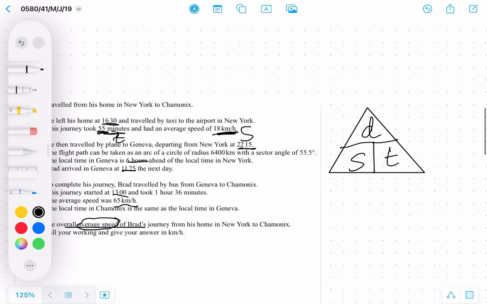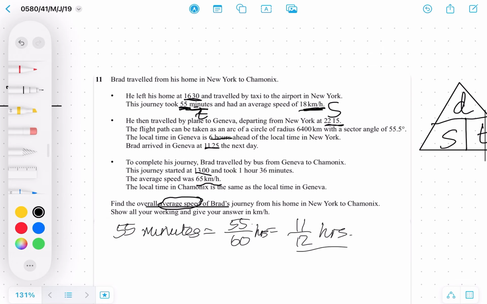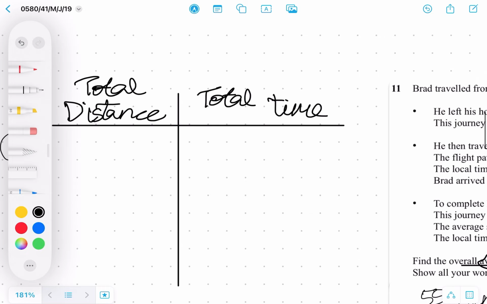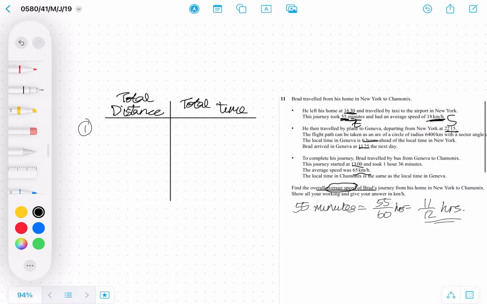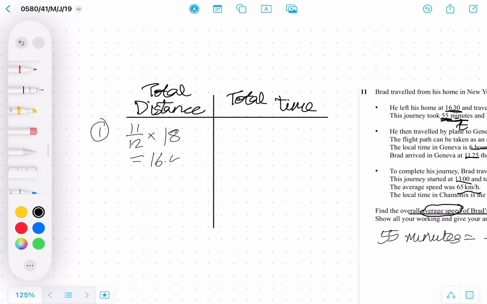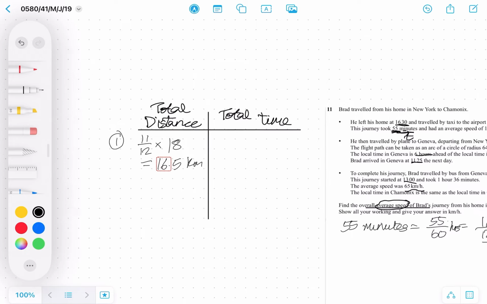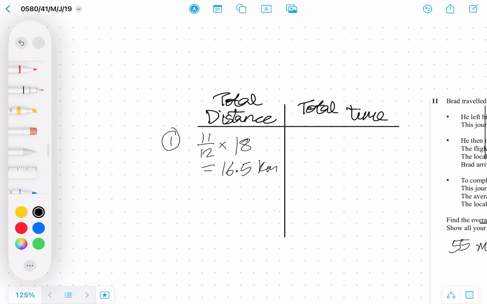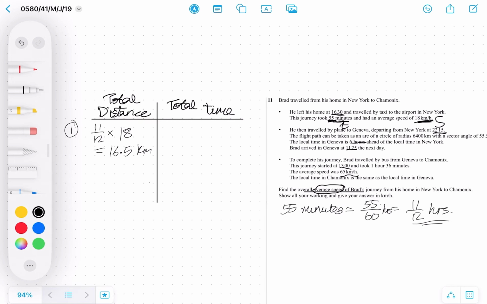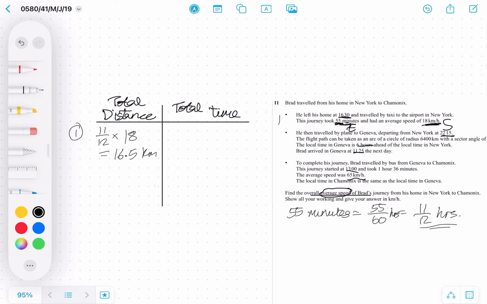Now we can calculate the distance, which is the time, 11 over 12, multiplied by the speed, 18 kilometers per hour. After we put this into our calculator, we get a distance of 16.5 kilometers. So already, to go to the airport, he traveled 16.5 kilometers. That's the first statement done.